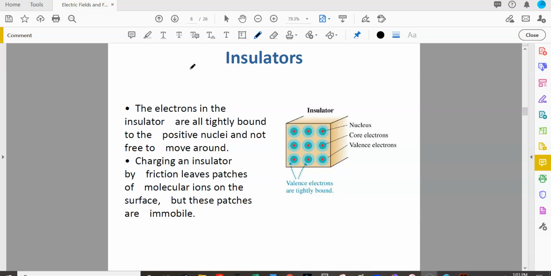Okay, so typically insulators are rubber or plastic, and really what an insulator is, is about the electrons of an insulator. Whatever the substance of this insulator is, it's made up of atoms, just like conductors are.